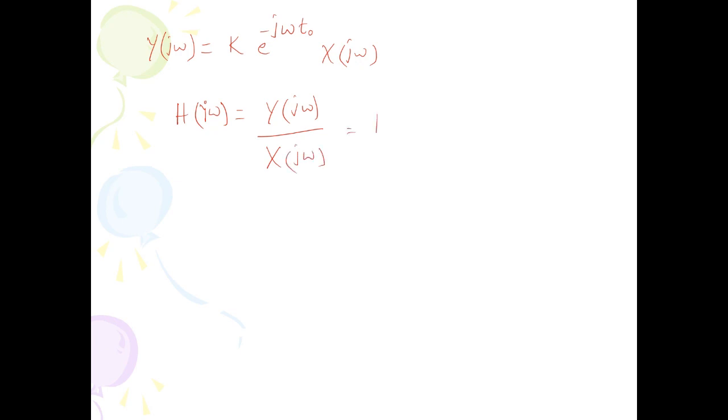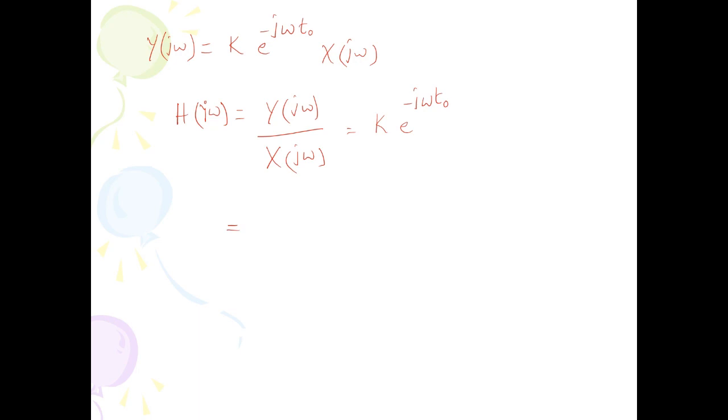So now Y of j omega is equal to k into e power minus j omega t naught into X of j omega. And from this you can calculate the transfer function H of j omega, which is Y of j omega by X of j omega, which is nothing but k into e power minus j omega t naught.